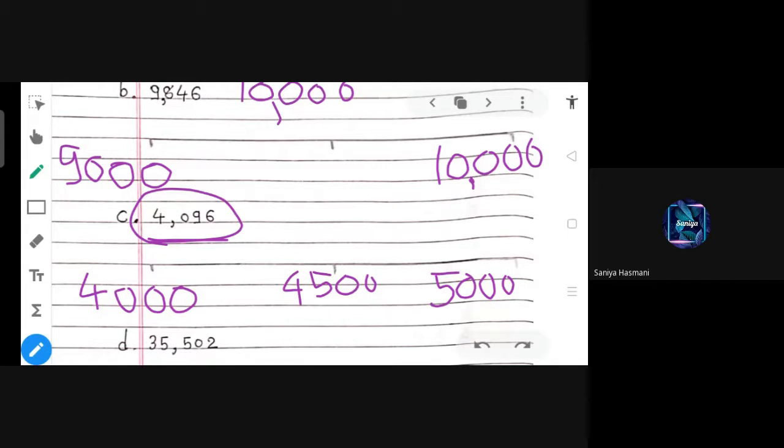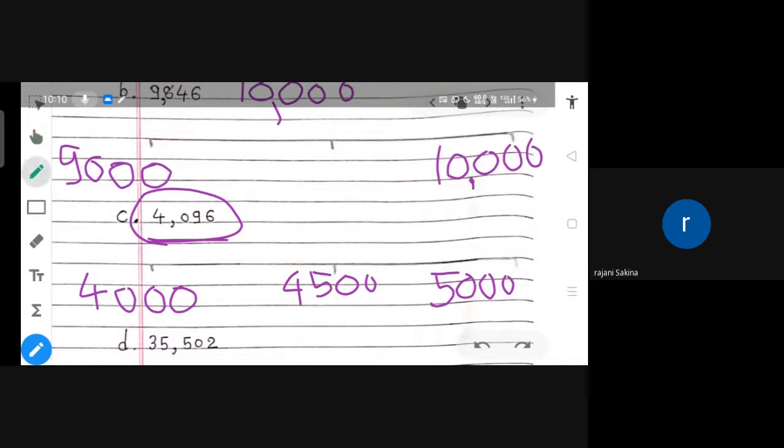Rajani Sakina, do you want to say the question is near to which number? Yes, say. Say it's near to which number? 4500.